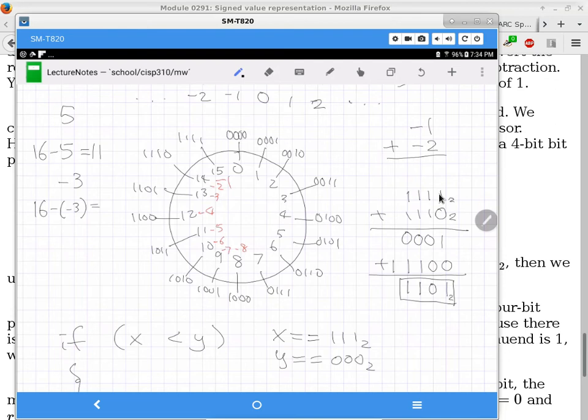That is going to exceed the whole range, because this becomes 19. But remember, everything is mod 16. So 19 mod 16 gives you 3. So that seems to work. Just subtracting from 16 will work.